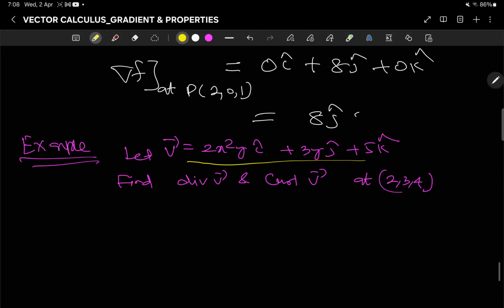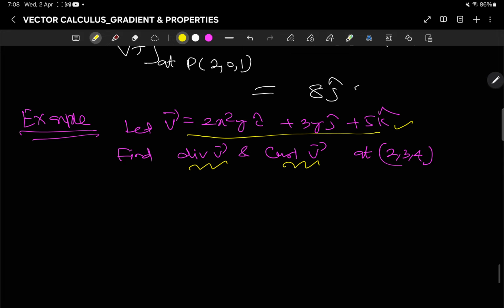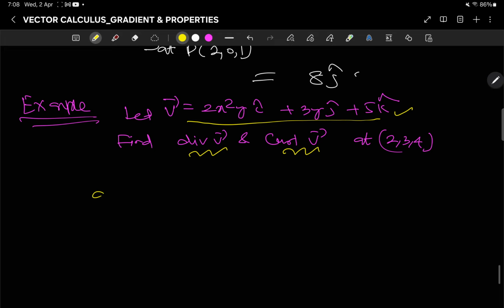Suppose you are given a vector point function, you are asked to find div v and curl v. We will discuss the details of div and curl in the next lecture, but here what is your div v? Div v is del v1 by del x plus del v2 by del y plus del v3 by del z. Here it is my v1, my v2, my v3.